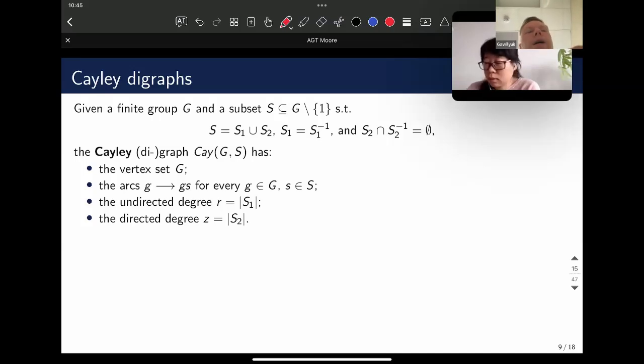And then we define the Cayley digraph as follows. The vertex set is just the set of elements of the group G, and for every element g and every element s from the connecting set S, we draw an arc from g to g times s. You can see that such a graph is r, z regular, where r equals the cardinality of S1 and z equals the cardinality of S2.